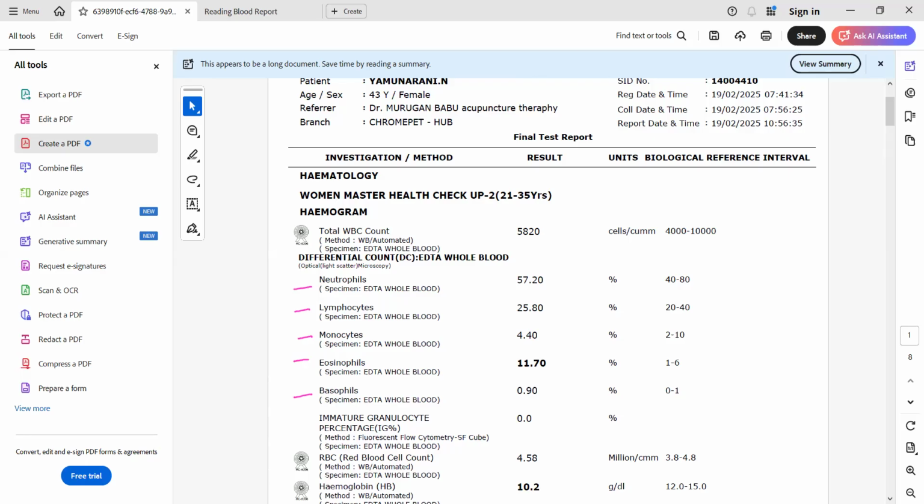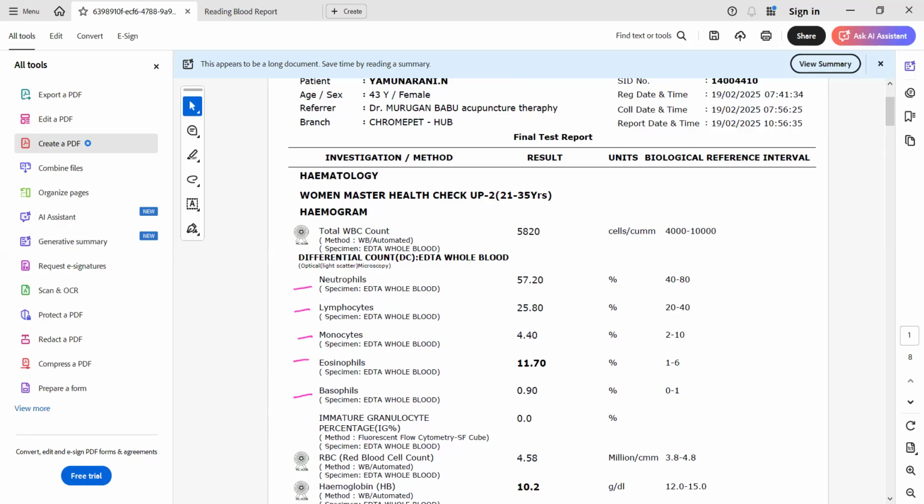So if you test the blood, even if the total WBC count is less than 10,000 or 11,000, but the lymphocytes are more, then there is a possibility of viral infection or some kind of chronic inflammation.